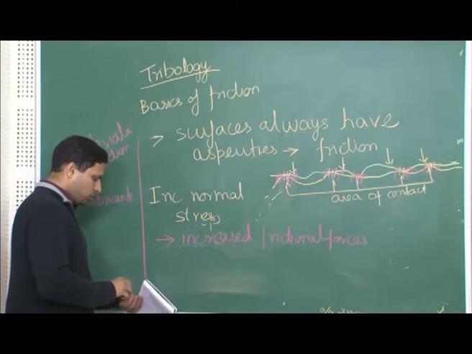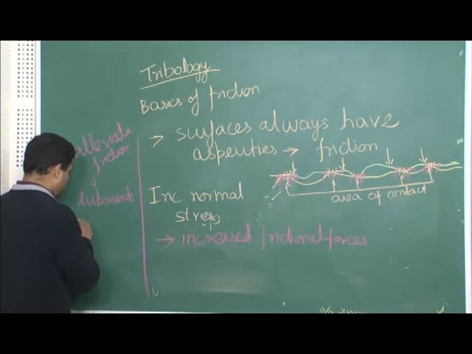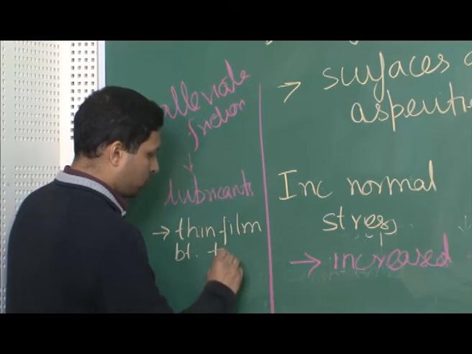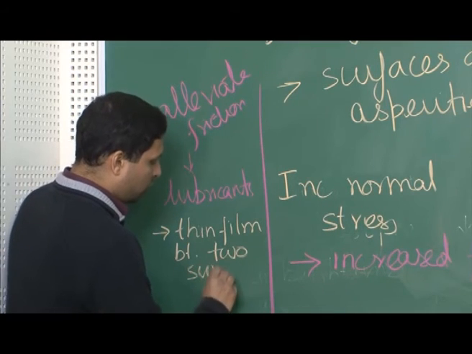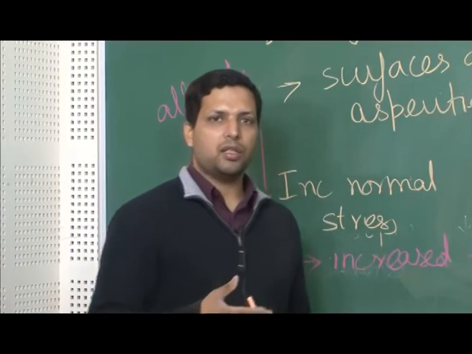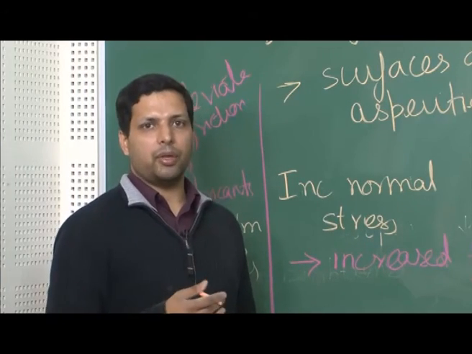What the lubricants do is they create a thin film between the two surfaces. So, the two surfaces are not really touching each other, but both of them are in contact with only the lubricant or the liquid.